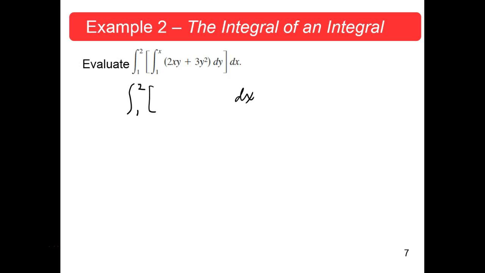That's the same integral we saw before, isn't it? But let's do it again just to refresh our memories. What does that give us? Integrate this with respect to y.